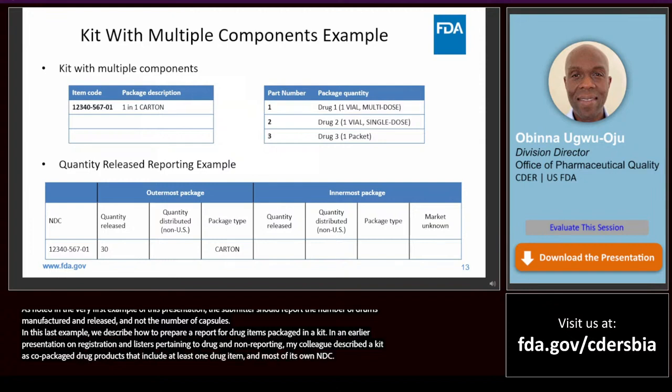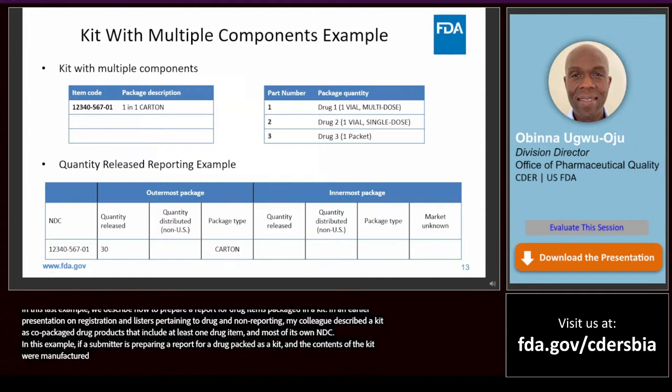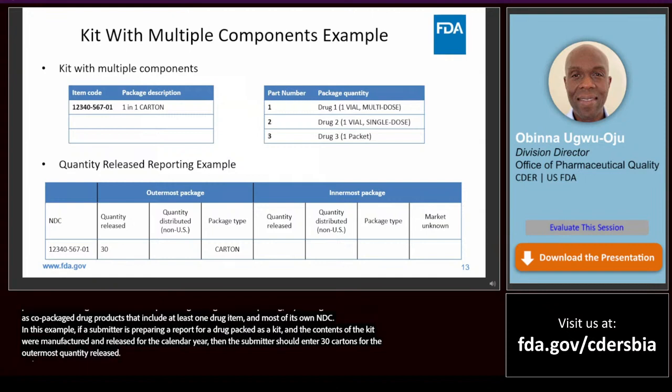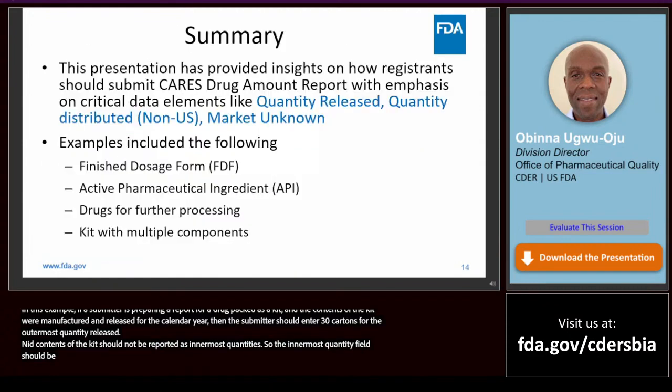In this example, if a submitter is preparing a report for a drug packaged as a kit and 30 cartons of the kit were manufactured and released for the calendar year, then the submitter should enter 30 cartons for the outermost quantity released. Individual contents of the kit should not be reported as innermost quantities. So, the innermost quantity fields should be left blank.